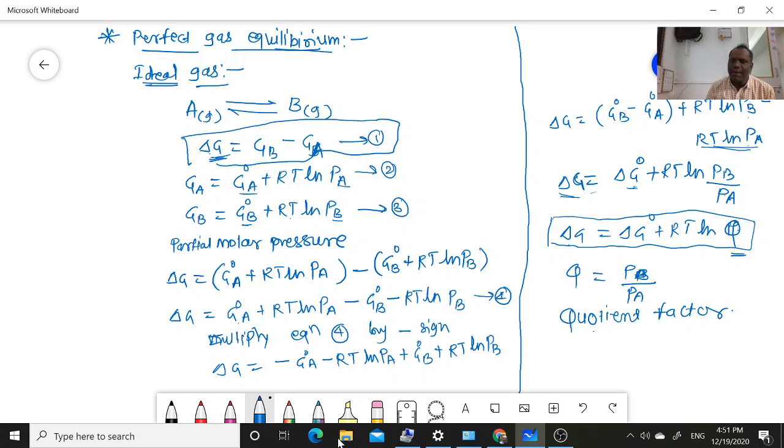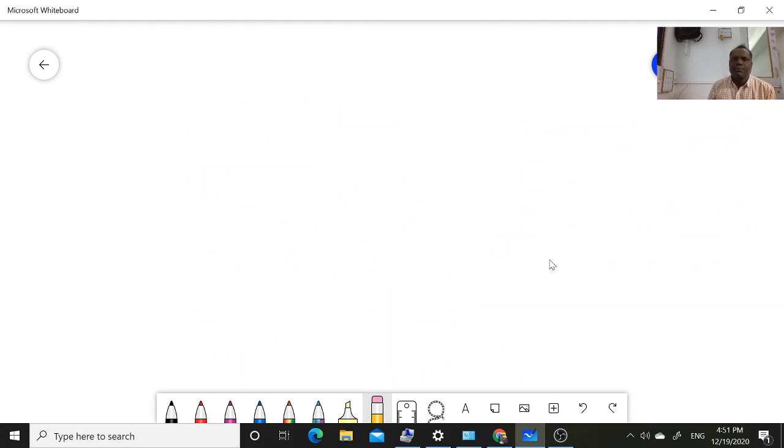Now this quotient factor is similar to the equilibrium constant value. That is the last equation we wrote: delta G is equal to delta G0 plus RT ln PB divided by PA.